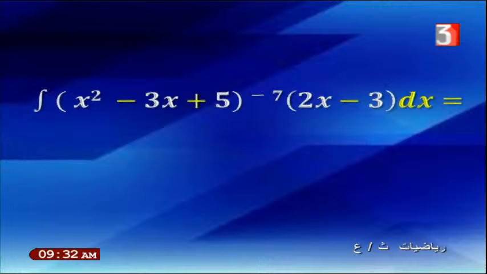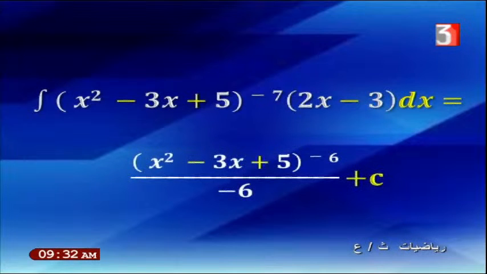Now the integration equals (x power 2 minus 3x plus 5) between two brackets to the power negative 6. Negative 6 is negative 7 plus 1. And we divide by the new power, which is negative 6, plus the constant c.